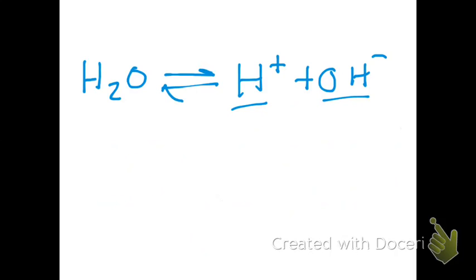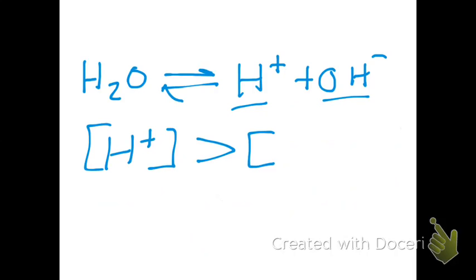If the H plus concentration is greater than the OH minus concentration, then the solution is acidic. So more H pluses than OH minuses, the solution is acidic.